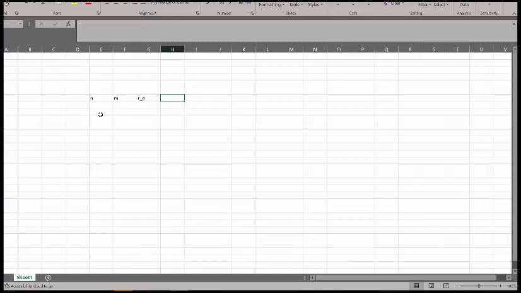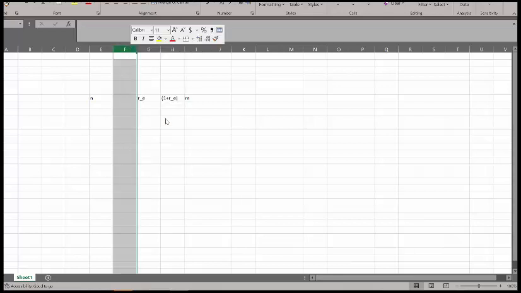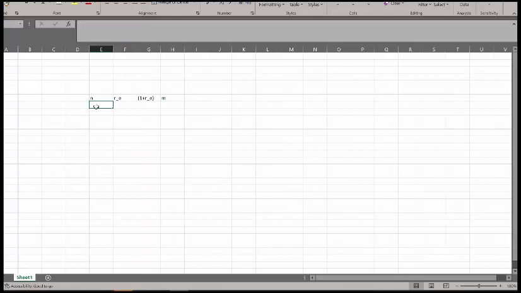Just for illustrative purposes, I'm going to make this 1 plus the effective rate. Close that off. And we're going to put M last. You can put them in the order you want, but I am trying to illustrate something here, so I think that will be good for us. Alright, and when all that's done, we need to find A.